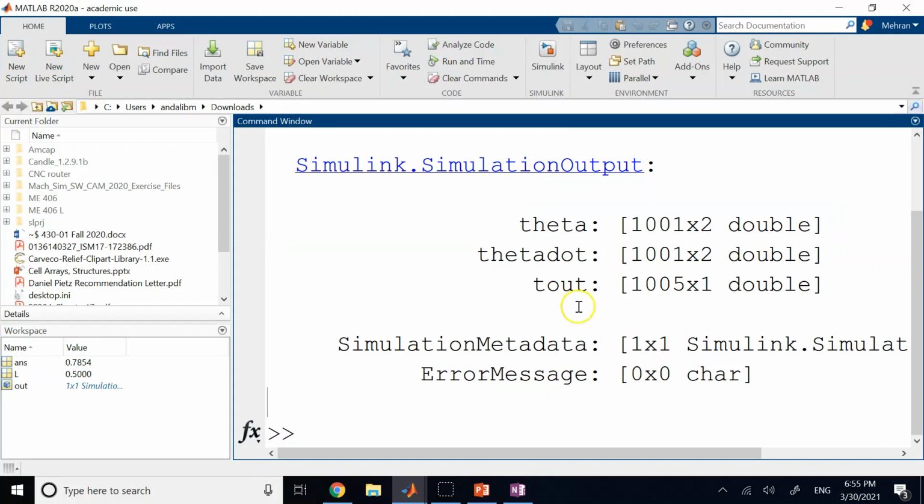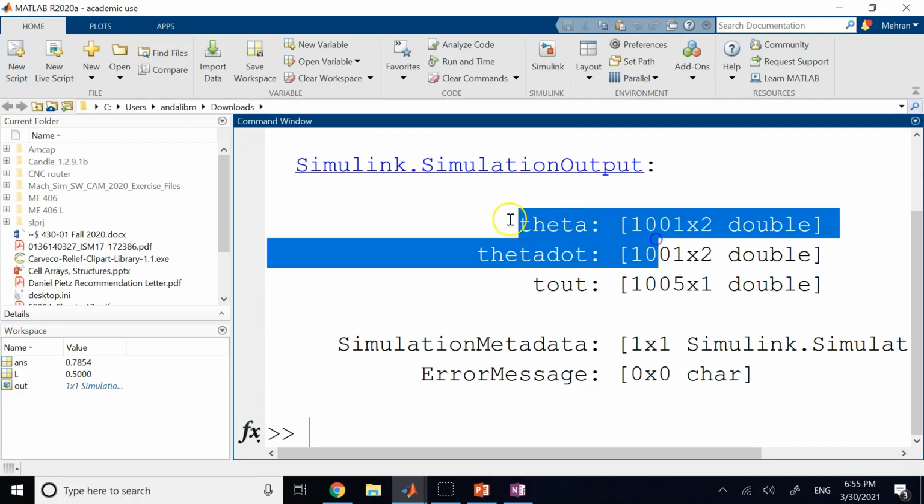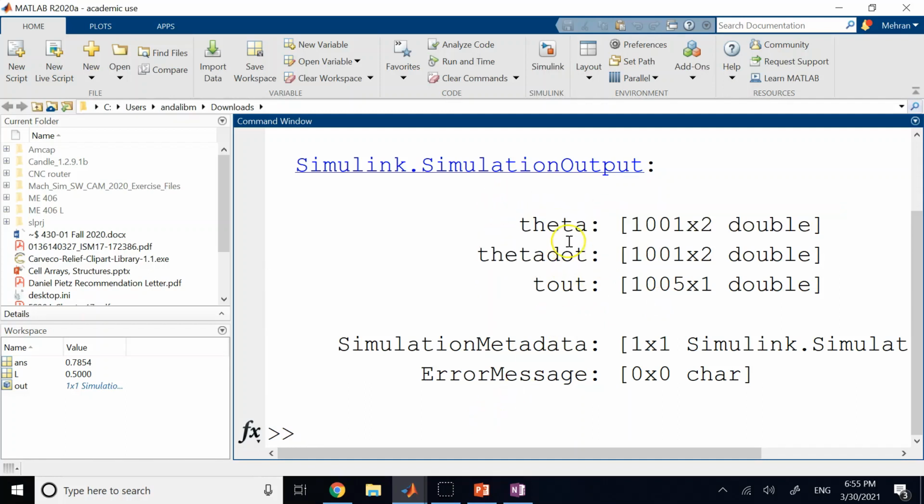Okay, so if I want to access them, it combined all of the outputs of Simulink into what? Into a structure. So if I want to look at theta, I can say now theta, let's call it T, for example, is equal to out dot theta. Okay? The field called theta from the structure called out, that is the array called theta.